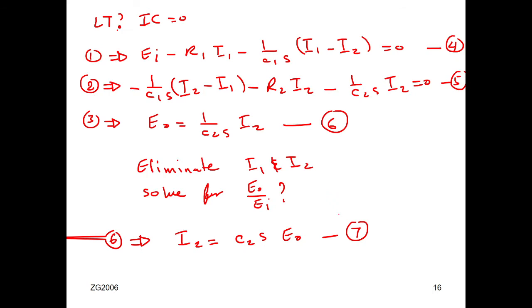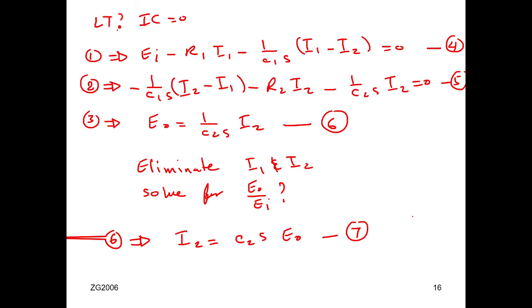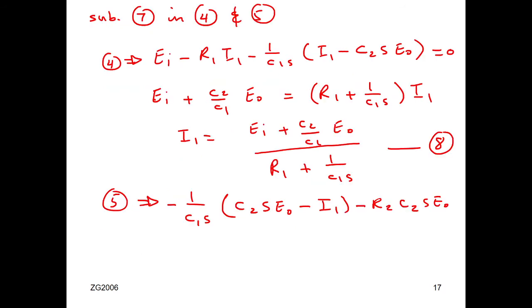Minus R2 I2, which is again C2 S E out. We still have one term: minus 1 over C2 S times I2.